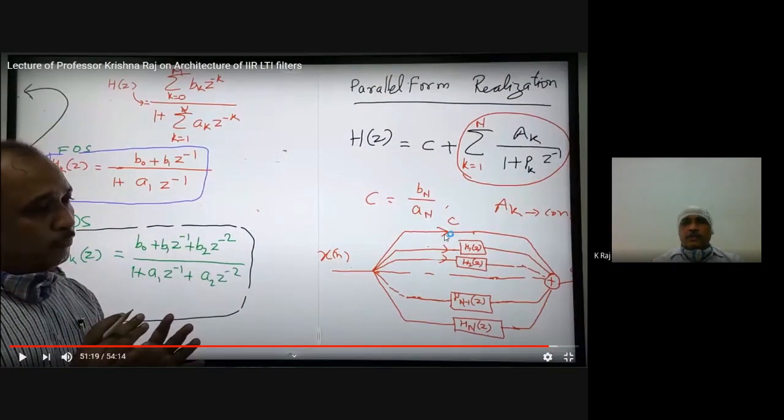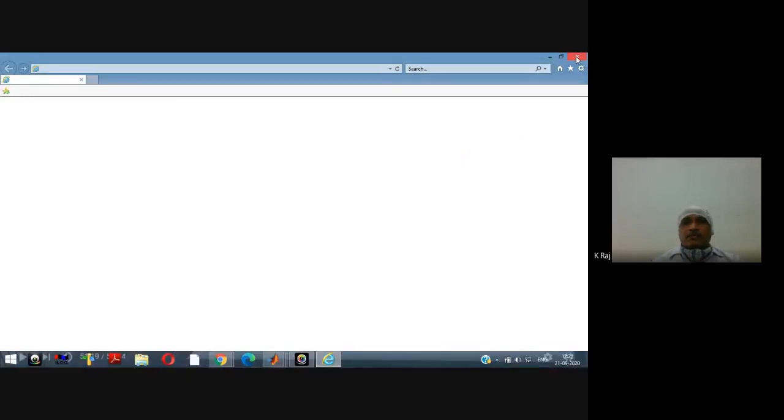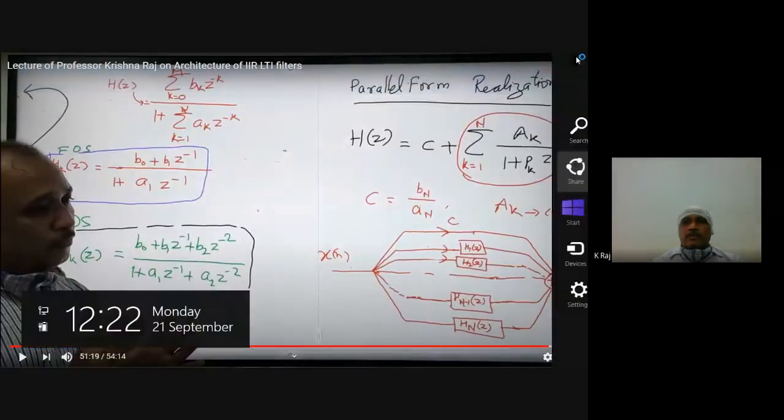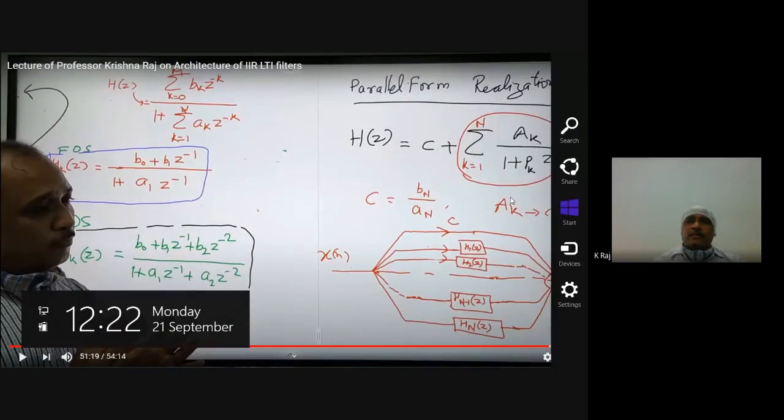Here C will be represented in the top one, and then the remaining are related to HKZ, represented as H1Z, H2Z, and so on up to HNZ. So this is the parallel form realization.